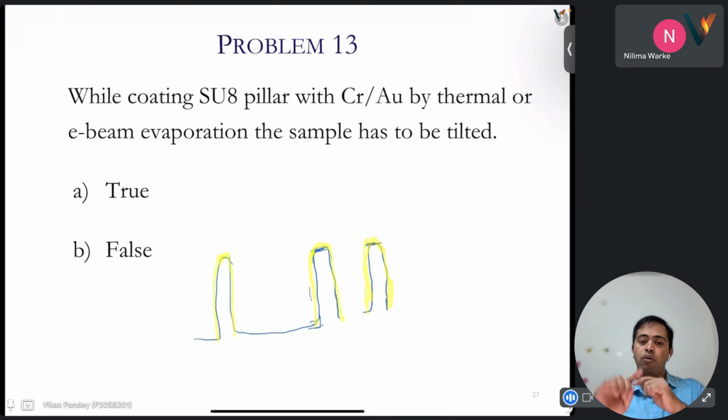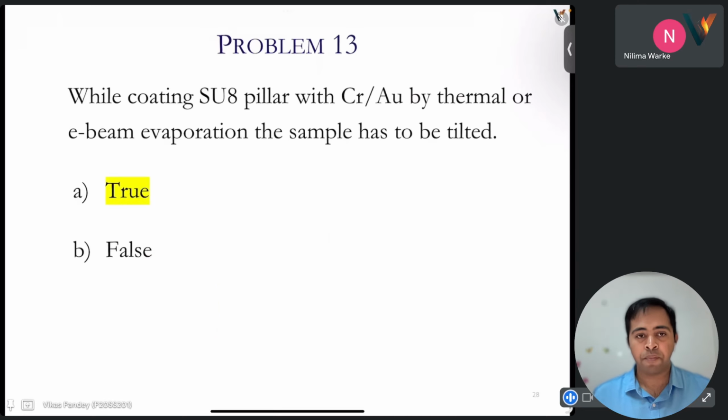We have to deposit all around it. Then it has to be tilted, because only then it will have uniform coverage, and we will have to keep rotating it. Then only it will have complete coverage.